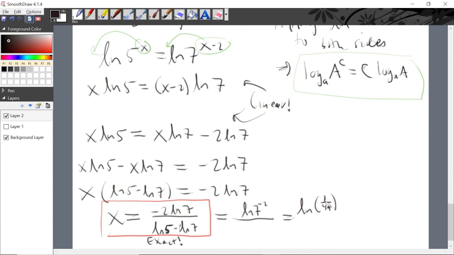It's just another way of writing the exact same quantity. And the denominator, we have the natural log of 5 minus the natural log of 7. By law 2, the second law of logarithms, we can combine those two as a natural log of 5/7. Okay, so those are other ways that we can write the exact answer.